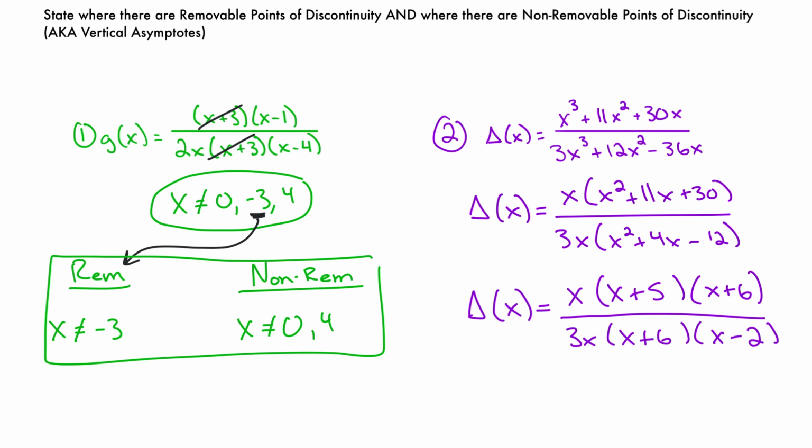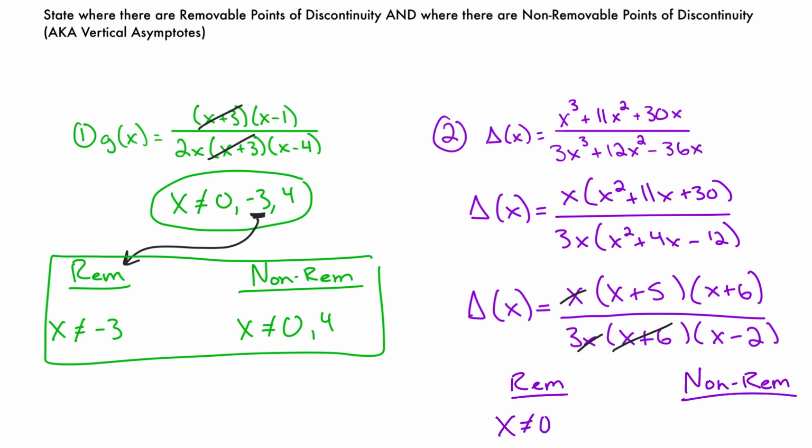Now I'm going to jump straight to the answer. I'm going to skip the part where I list the discontinuities. I'm just going to go straight to labeling them as removable and non-removable. So I'm looking for the removable discontinuities and the non-removable discontinuities. Because if I simplify this, the x and x would eliminate, meaning x equals 0 is a removable discontinuity.